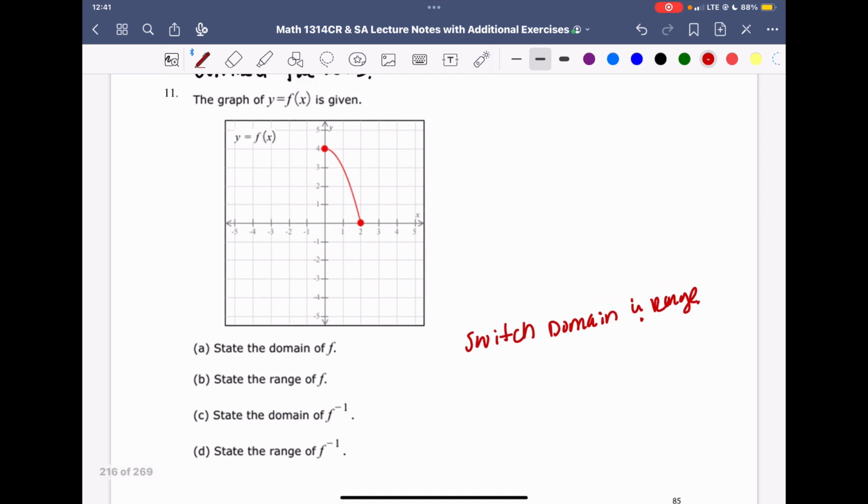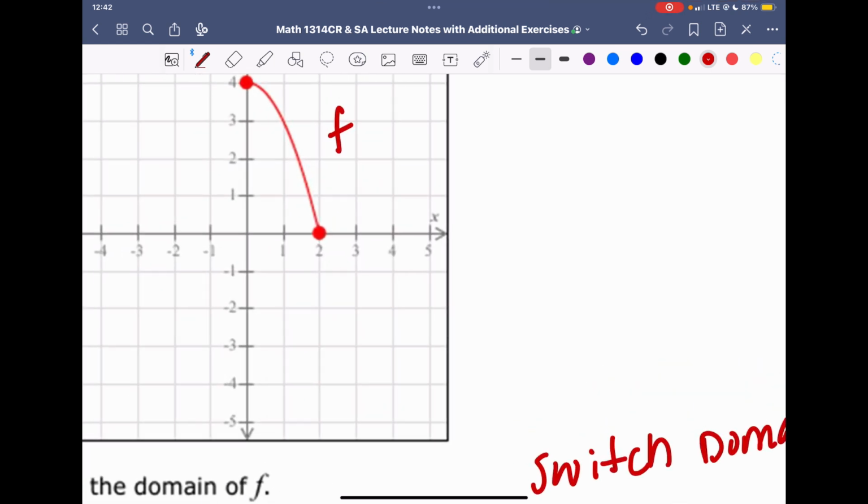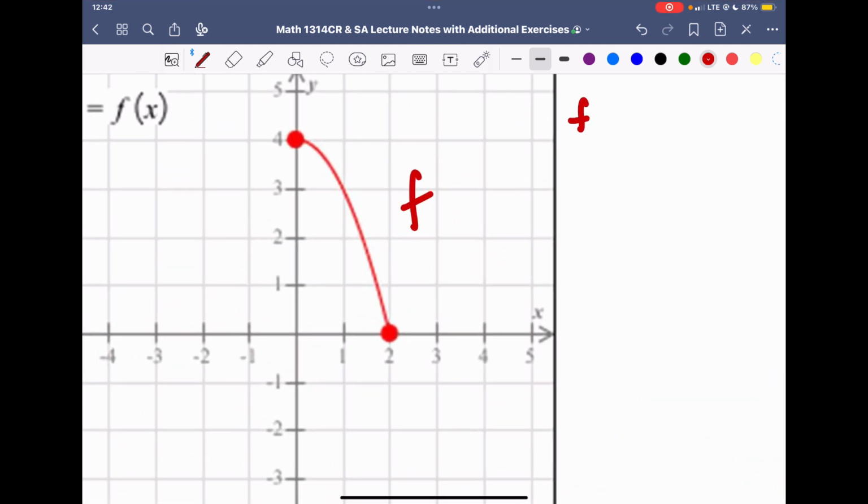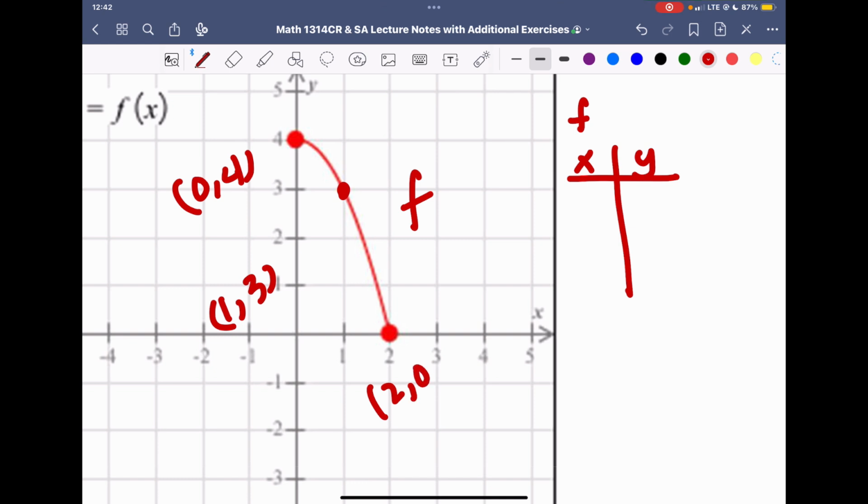The graph of f of x is given, so this is going to be the f. This is all f, and then this is the inverse. I'm going to go ahead and plot the points, because that's what we've been talking about. The f points are going to be 0, 4. That's a good one. 1, 3, and then 2, 0.